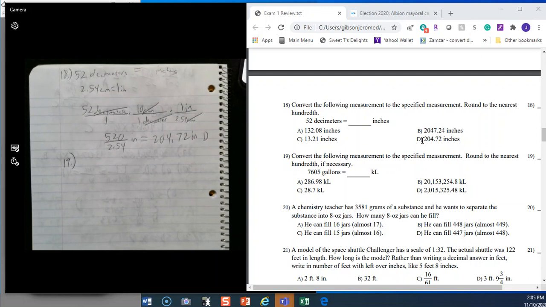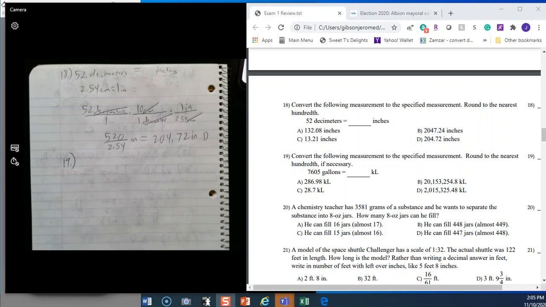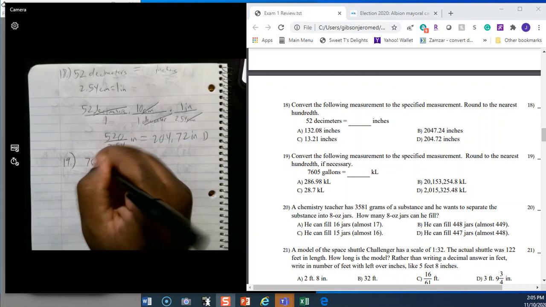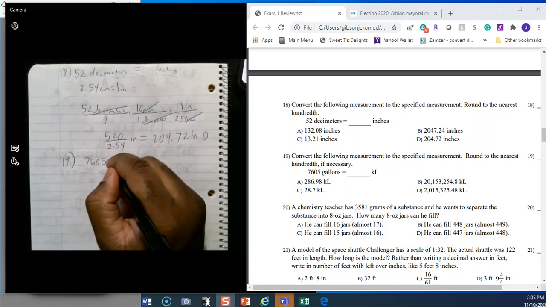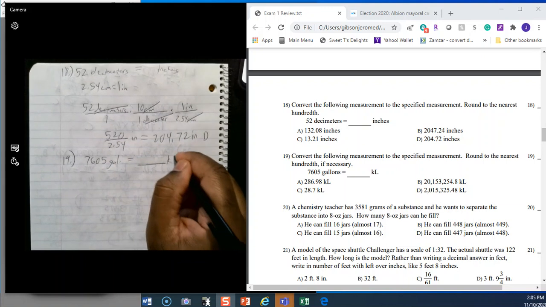It says convert the following measurement to the specified measurement. Round to the nearest hundredth if necessary. Now, if you look here, we have 7,605 gallons to kiloliters. So 7,605 gallons, and we want to convert that to kiloliters.